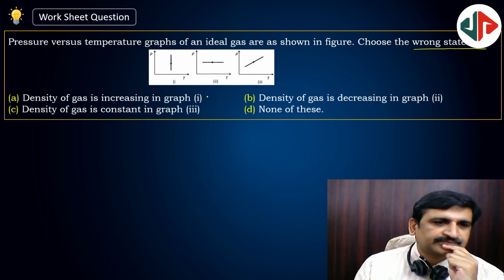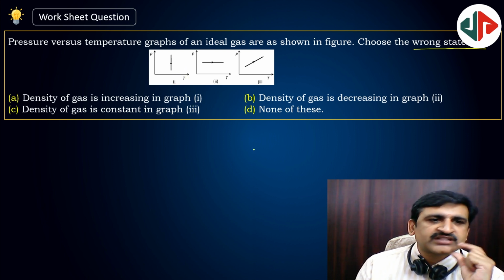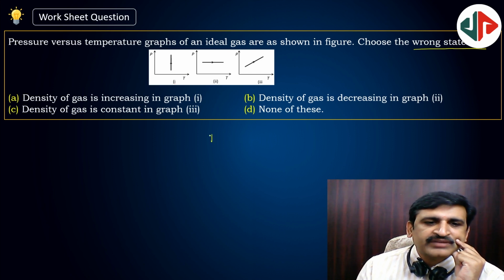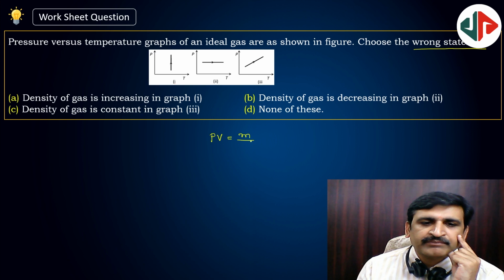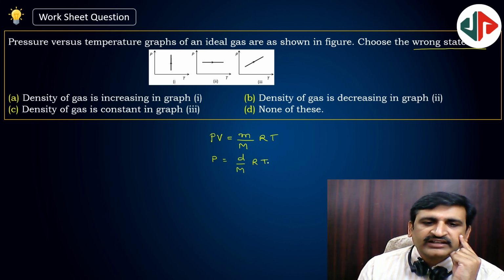At constant temperature, pressure is increasing. See, PV equals (m/M)RT, so P equals (density/M)RT. At constant temperature, R of course is constant. As P increases, D also increases. Yes, the first option is correct. P is proportional to D only at constant temperature.